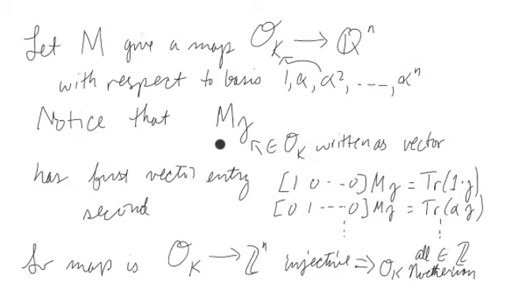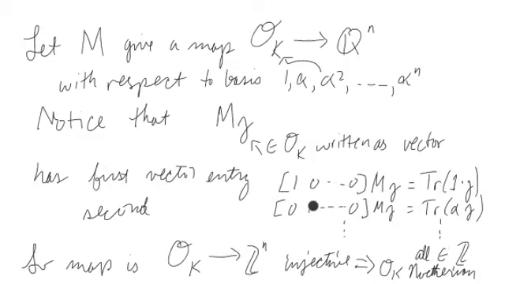Notice that if I take M, and I think of this gamma as being an element of O_K, but also written as a vector, so like M times a column vector here. If you look at the different entries of it, the first entry is like putting a row vector that has a 1, 0, 0, 0 on the front. But that's the same as the trace form of just 1 times gamma, which we know is an integer because 1 times gamma is an integral element.